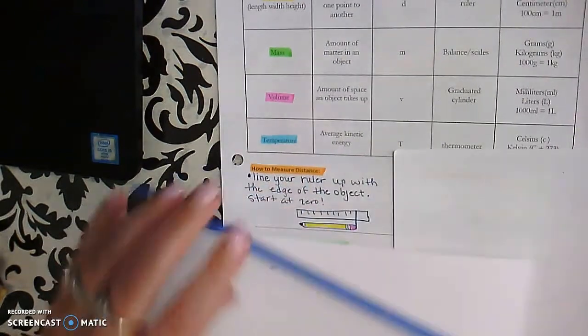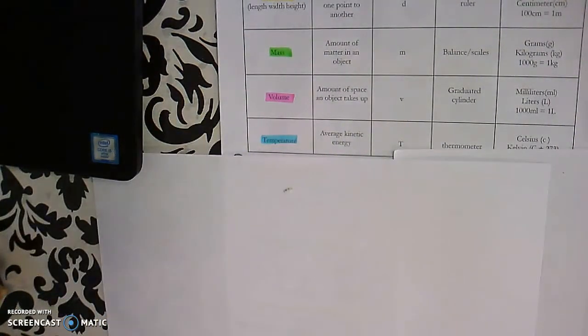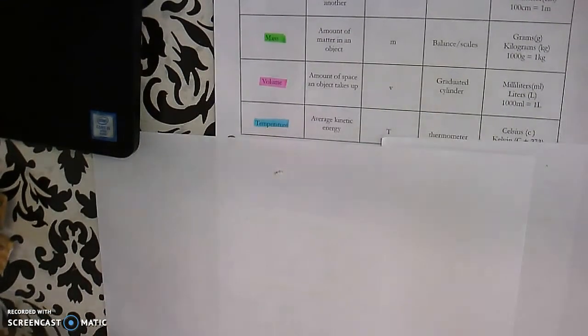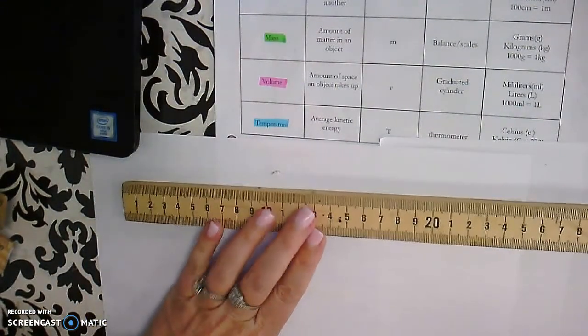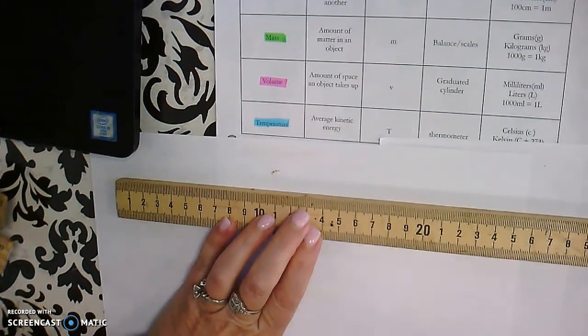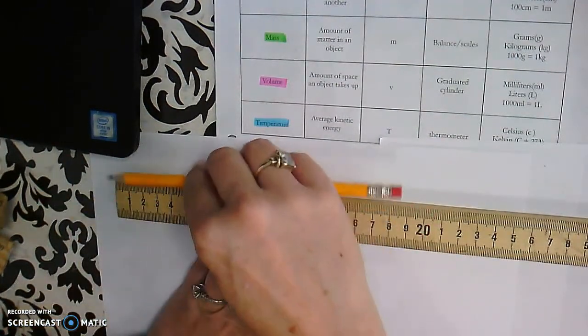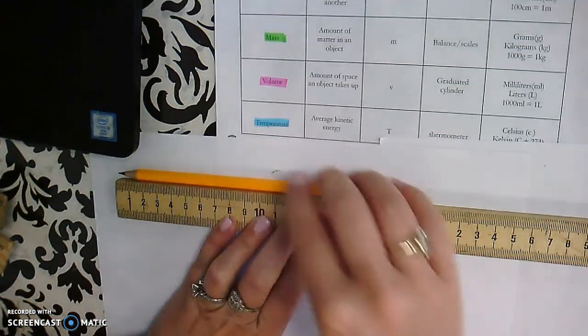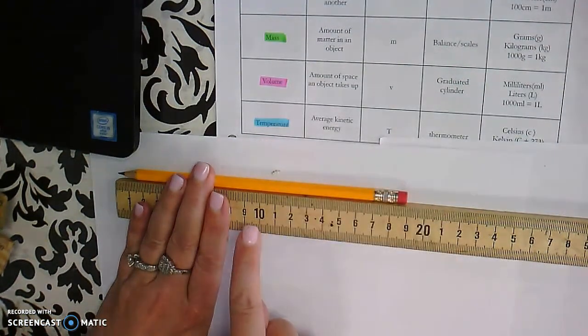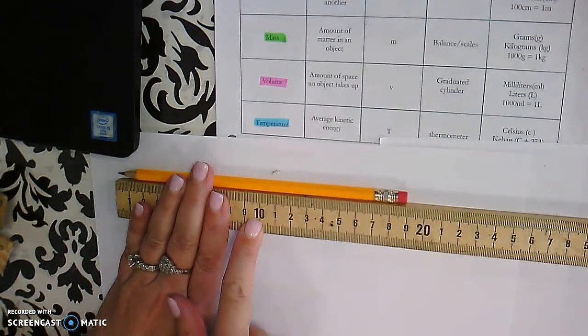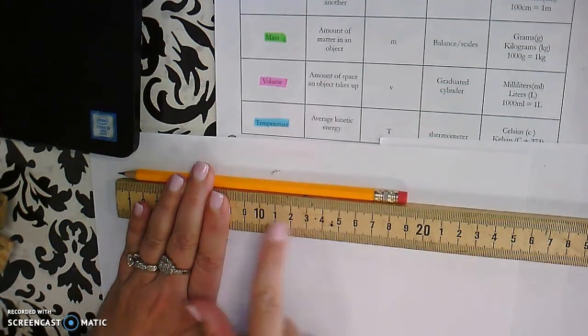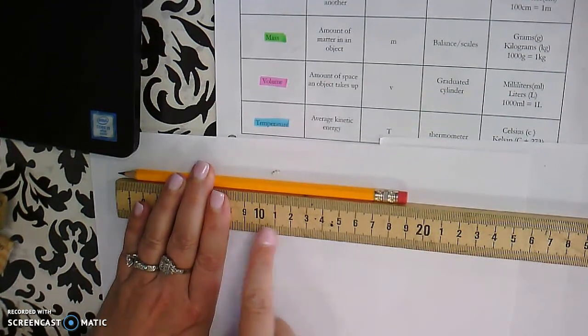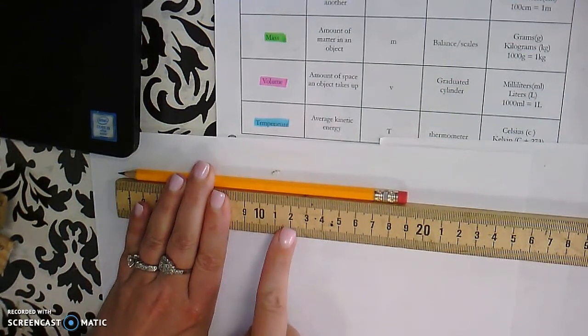And what I really want to point out is with our meter stick, right here, take a look at how this meter stick works. The 0 is at the edge, but when we line it up, look at what happens when we go past the 10. It starts with 1, 2, 3. Now that 1 is not really a 1. What is it? It's an 11. That 2 is not really a 2.